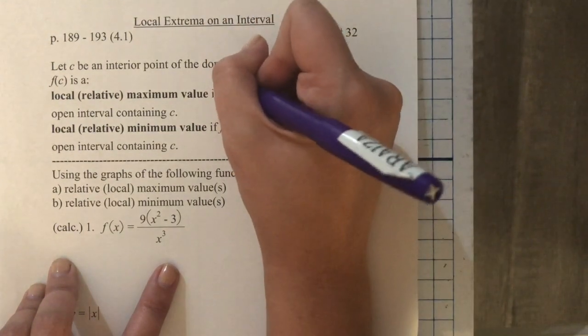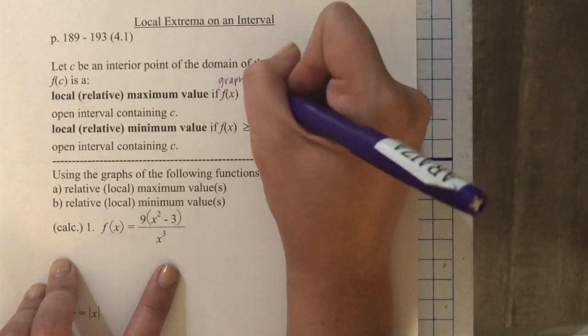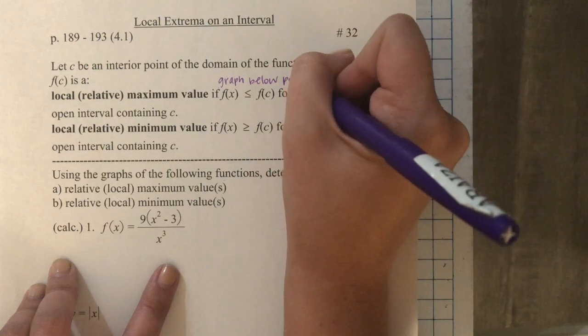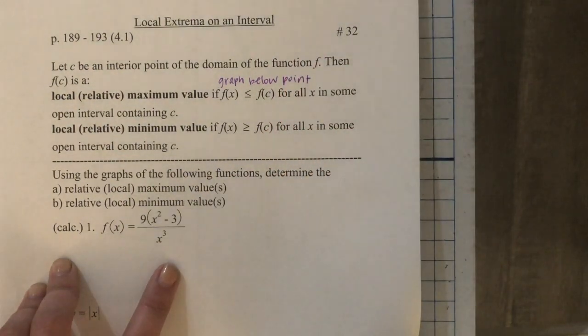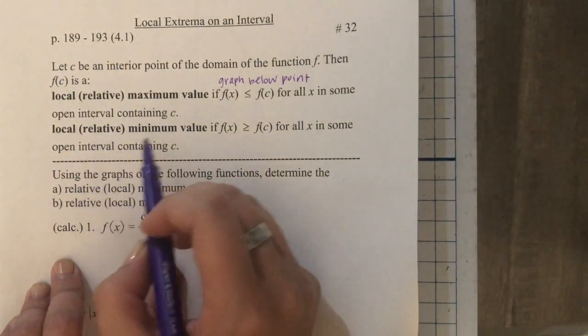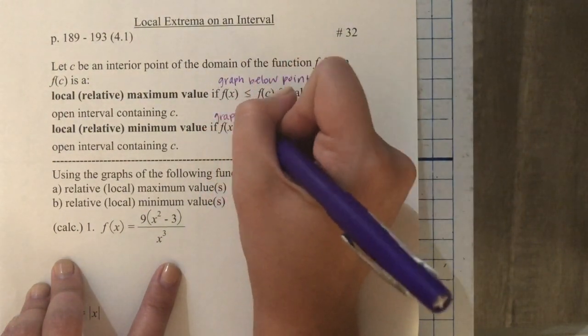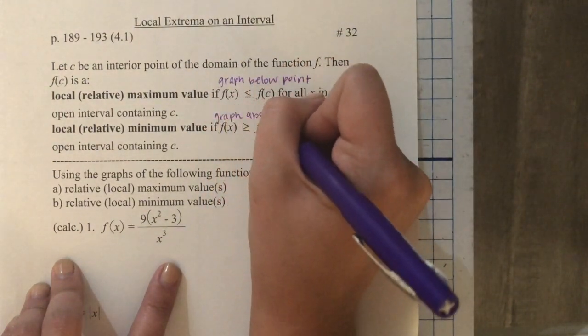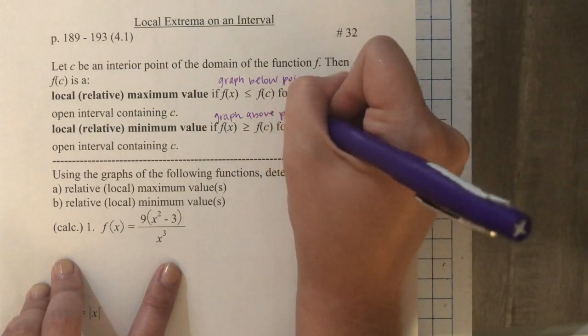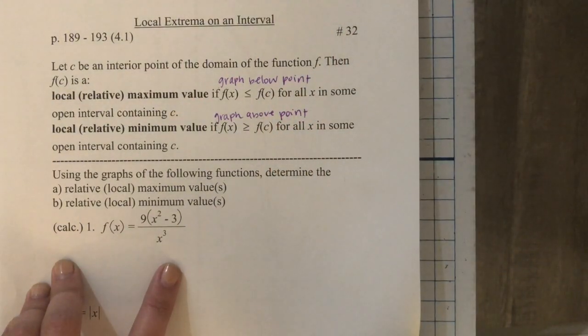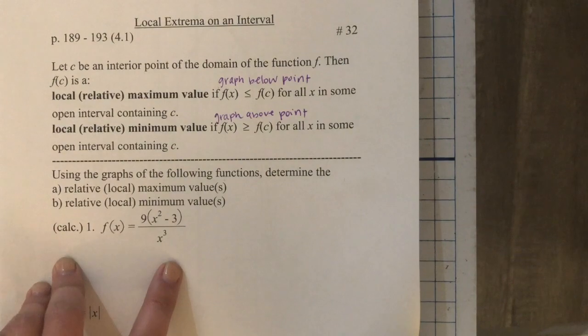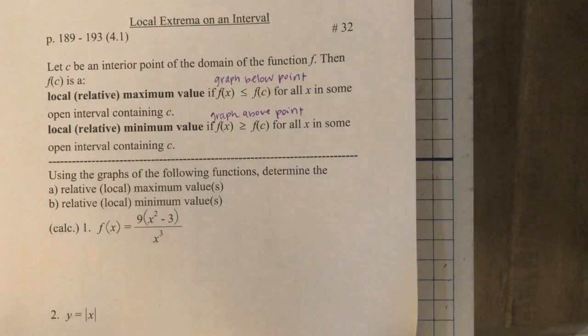So all that means is that if the whole graph is below the point, or in other words, the point is the highest point in that interval, then it is some kind of local maximum value, right? For a local minimum, if f of x, or the graph, is above the point for all x in some open interval, then it is a minimum value.